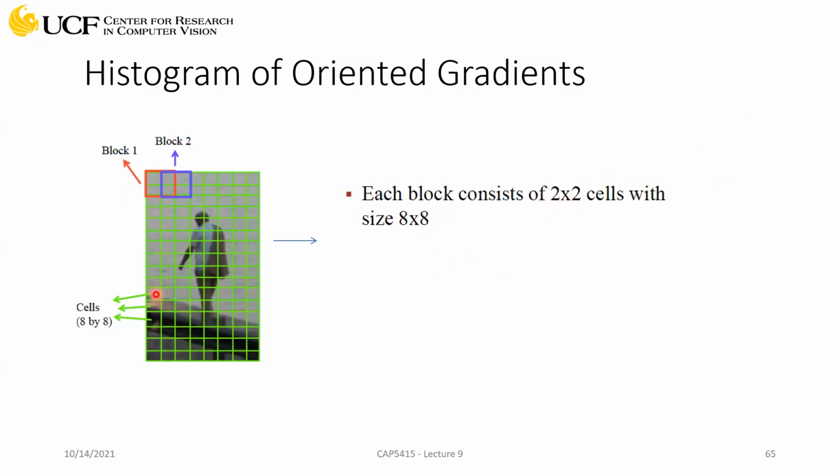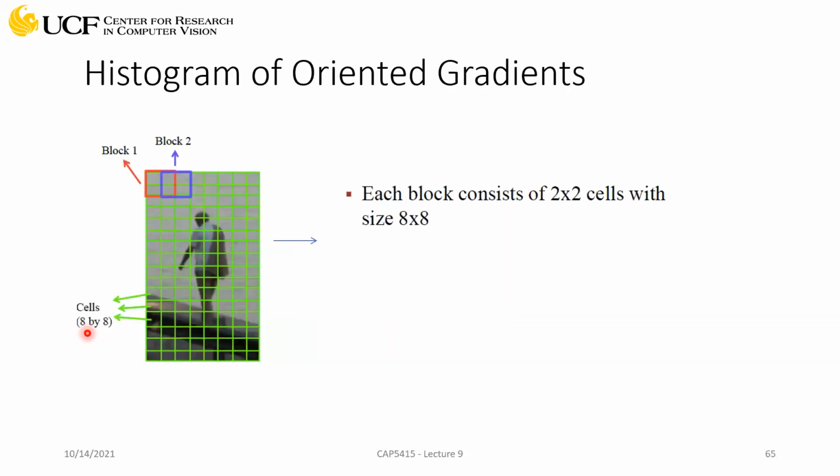Which means each cell has 64 different pixels. So that's good. And then we put this block at all the possible locations, the way you were doing for your CNNs, convolutional neural networks. You are just sliding your window. This is the same. You're just sliding these blocks.